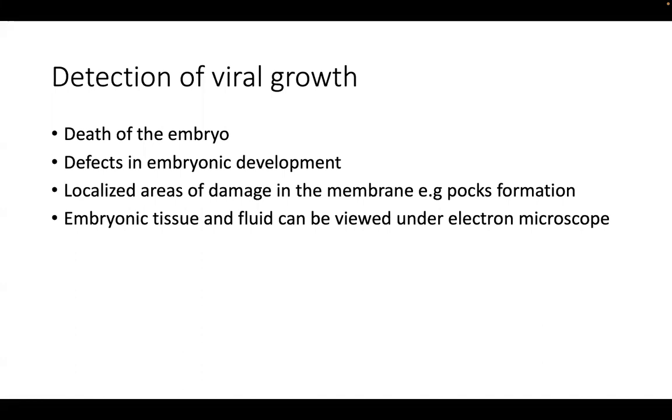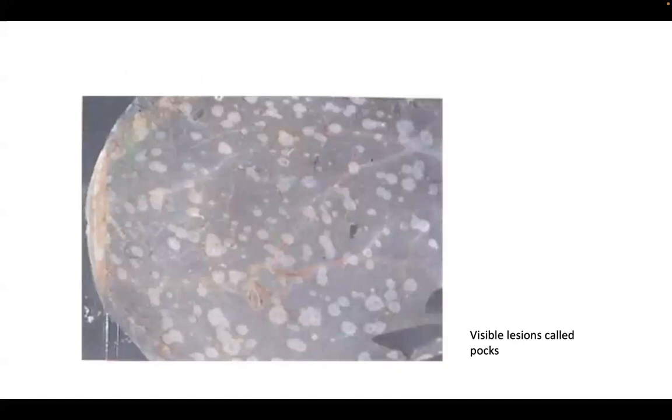And also the embryonic tissue or fluid can be viewed under the electron microscope to visualize the morphology and structure of the virus that is being studied. So this slide just shows visible lesions of pox on the chorioallantoic membrane. You can see the white pox formation that forms with herpes viruses and smallpox viruses.